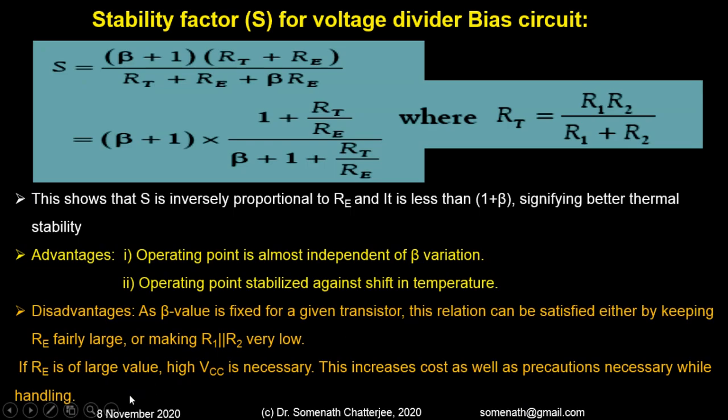But we can sacrifice this, because here we can make the circuit independent of beta variation as well as temperature. These two points we can avoid easily when we are using the potential divider bias.